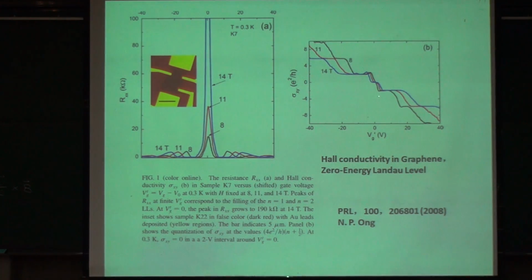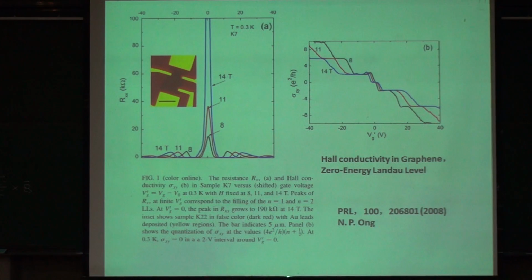The jump of the plateau goes from minus 2 to plus 2, 2 to 6, always by a factor of 4 due to spin degeneracy and valley degeneracy. In a normal semiconductor, it would be 2 with spin degeneracy, but this is 4. But importantly, look at the Dirac point, the zero neutral point.